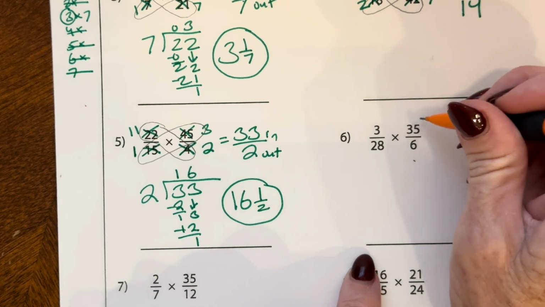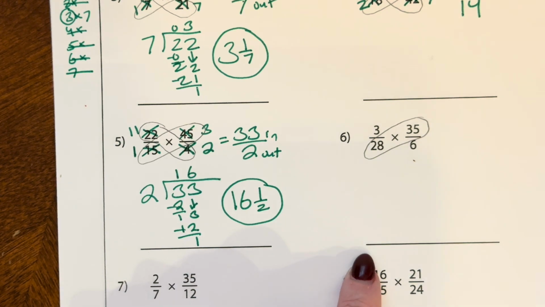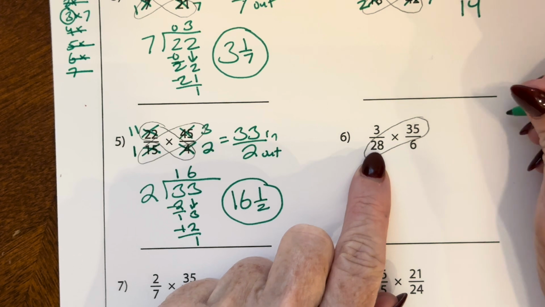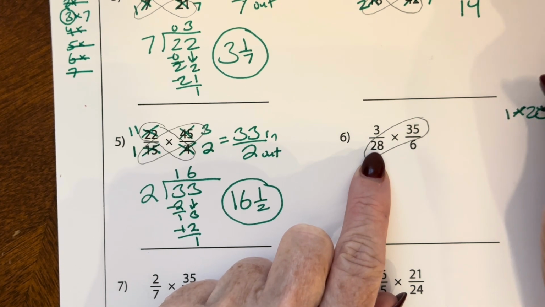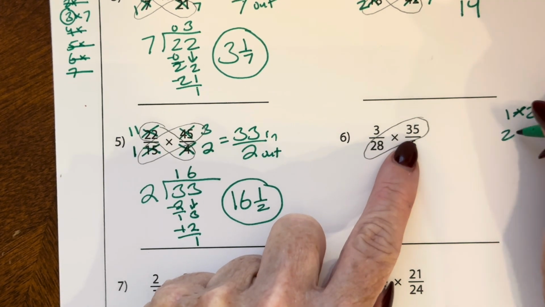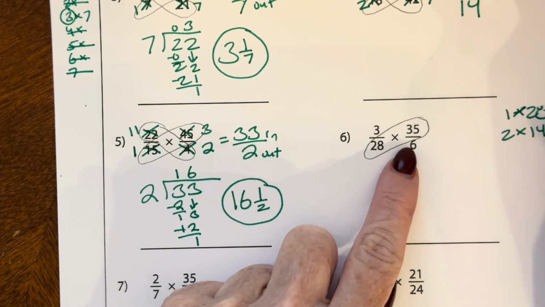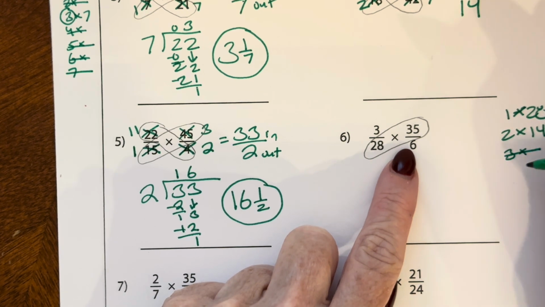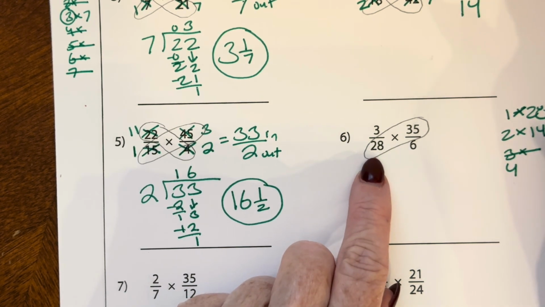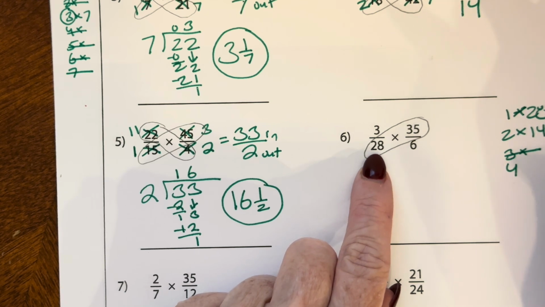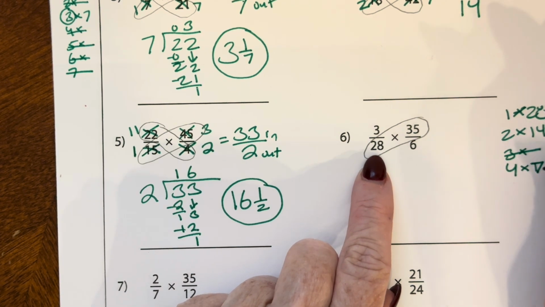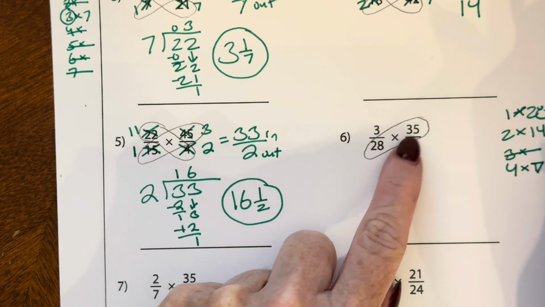So let's see. 28 and 35. If you can't see it in your mind, you could write out the factors for the smaller one. So 1 times 28, that's not a factor. 2 times 14, 14's not a factor. 3 times nothing. 4 times, oh, I made a mistake, sorry. 4 times 7. 7 is a factor.